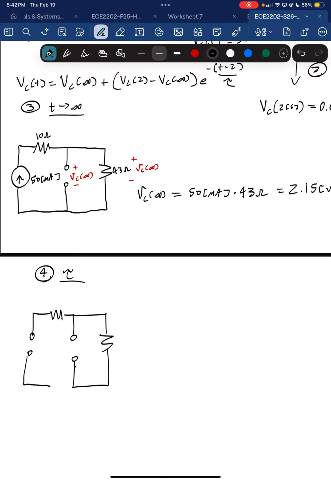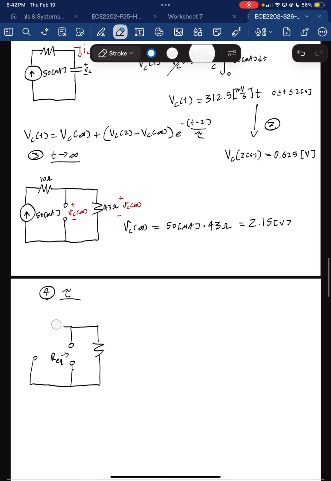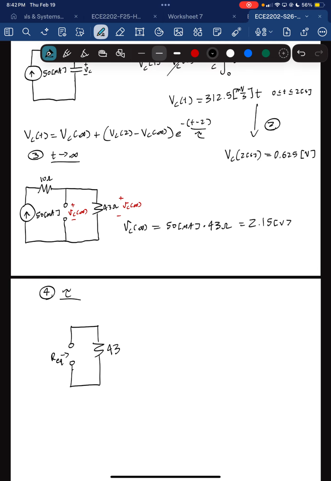And the current source becomes an open circuit as per the rules of the REQ method, which means that this entire branch goes away and you're left with this circuit, the 43 ohm resistance. So obviously our equivalent is just 43 ohms. And so tau, which is RC, is 0.16 farads times 43 ohms.